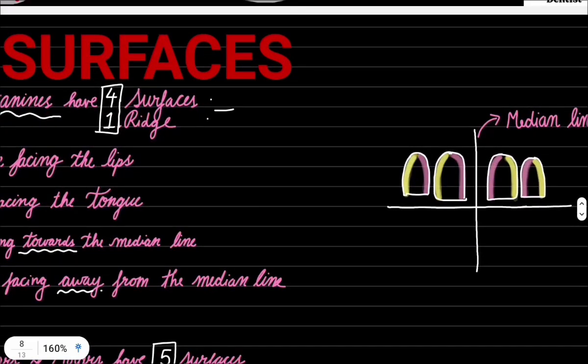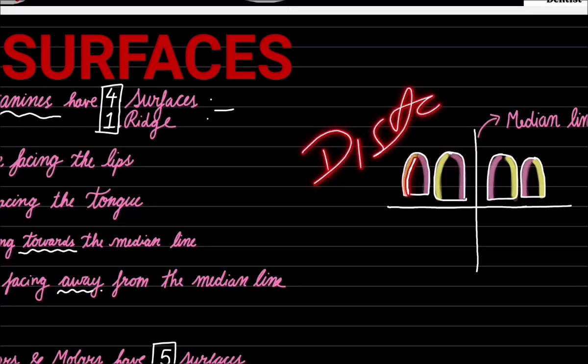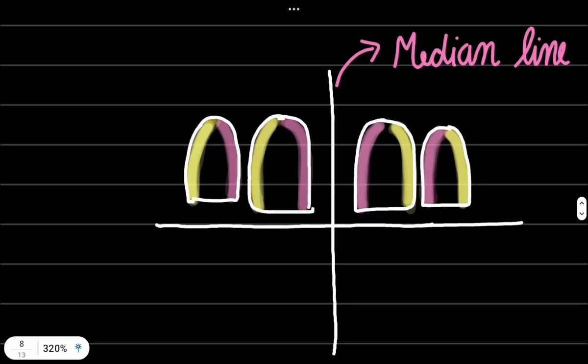And the surfaces facing away from the median line, as you can see, this surface is towards the median line, this surface is away from the median line. The surface away from the median line is called the distal surface. Same over here, this surface is facing towards the median line, so mesial surface. This is away from the median line, so the distal surface.